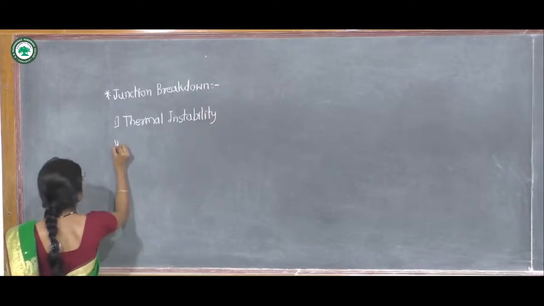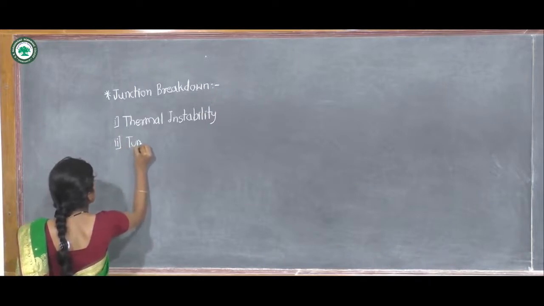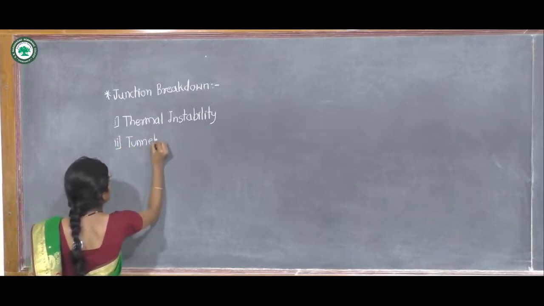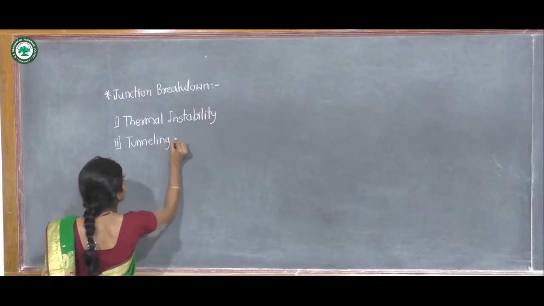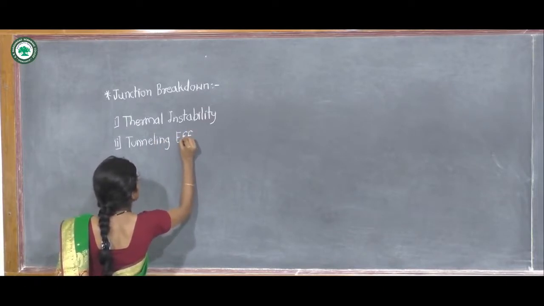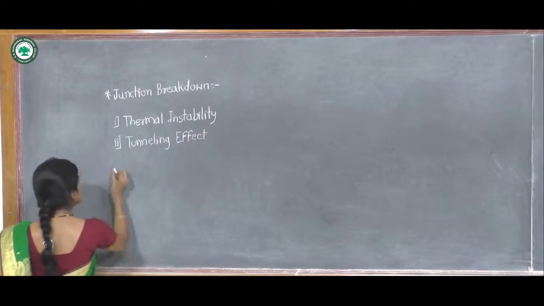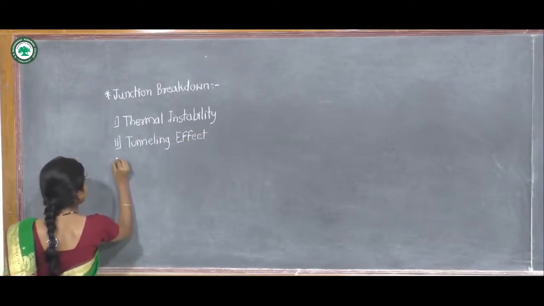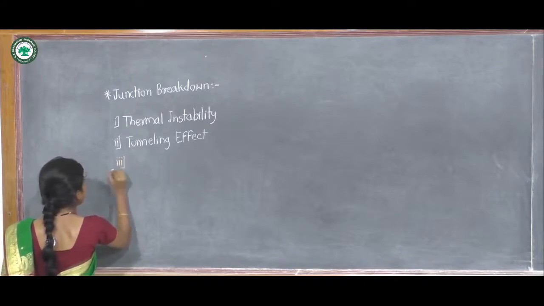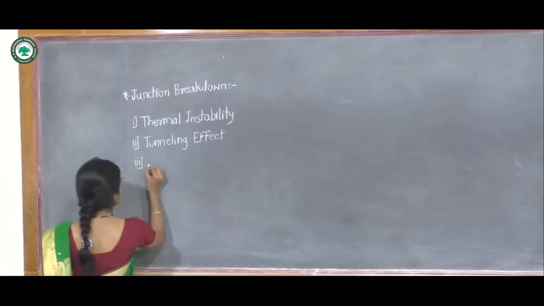Second one is tunneling effect. And third one is avalanche mechanism or avalanche multiplication.